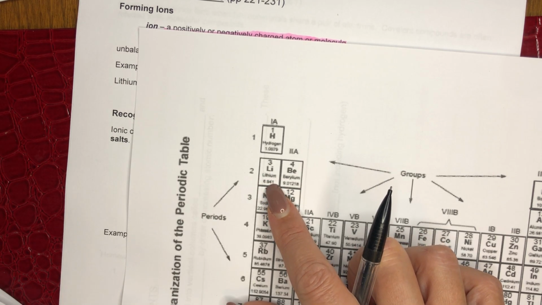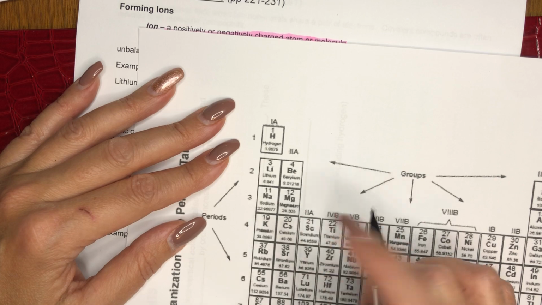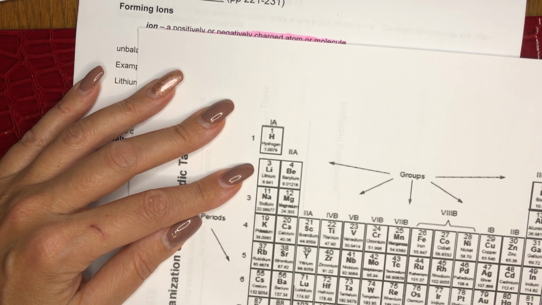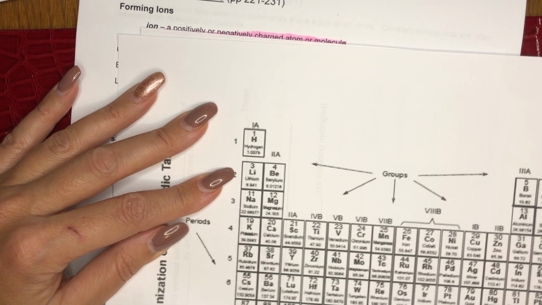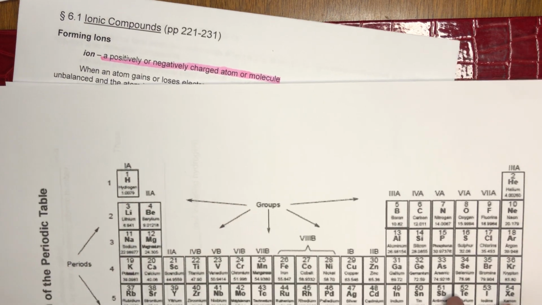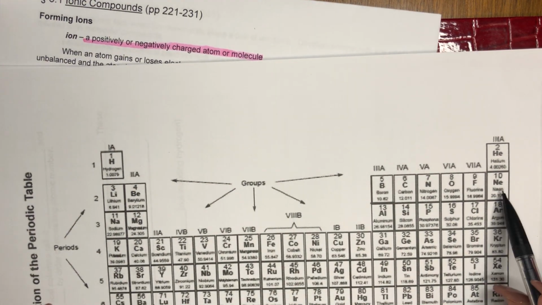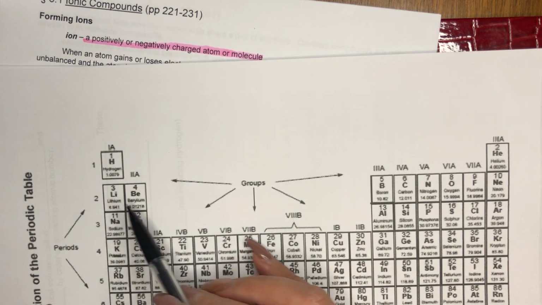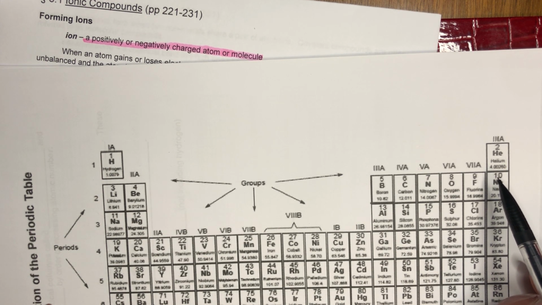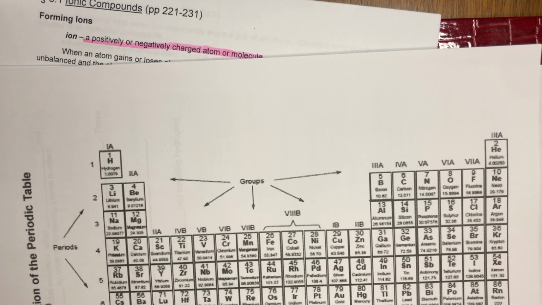So the options for lithium to become an ion, to get a full shell, is to gain 7 to look like neon, or to lose 1 to look like helium. So just like humans, atoms always go the easiest, least energy expensive route, so in this case it would be to lose 1 valence electron.